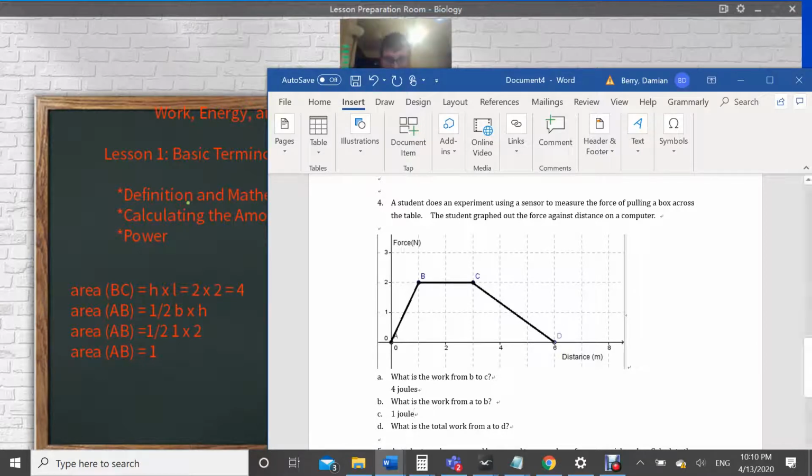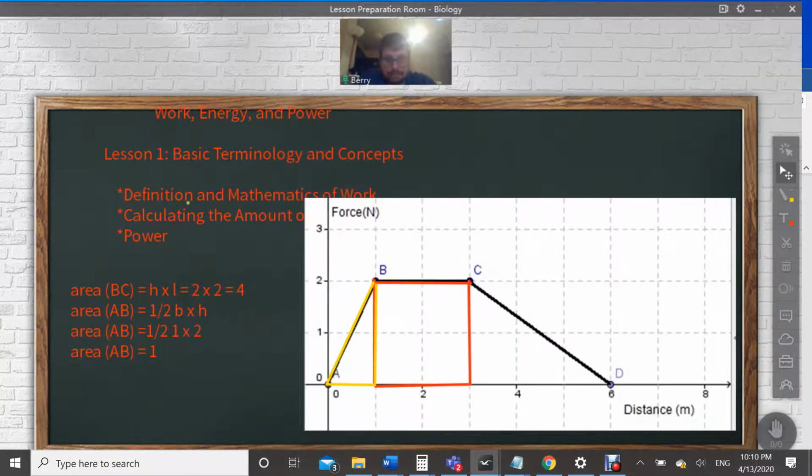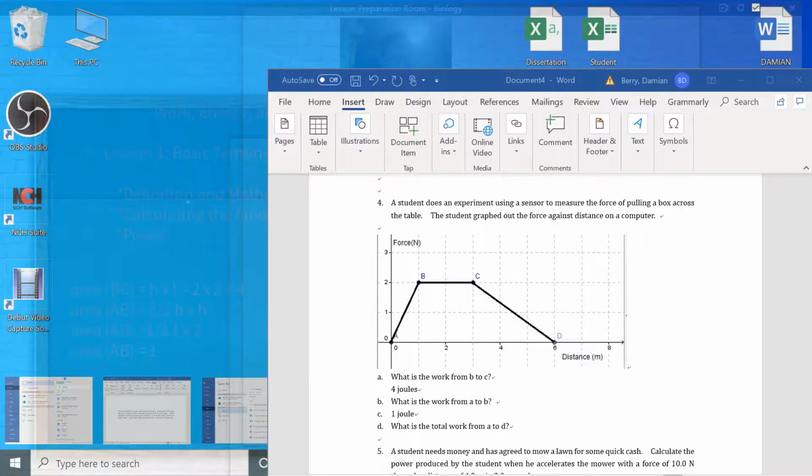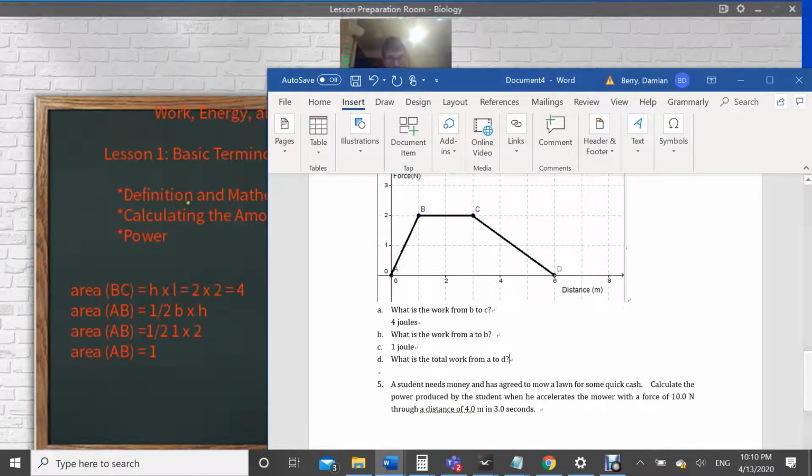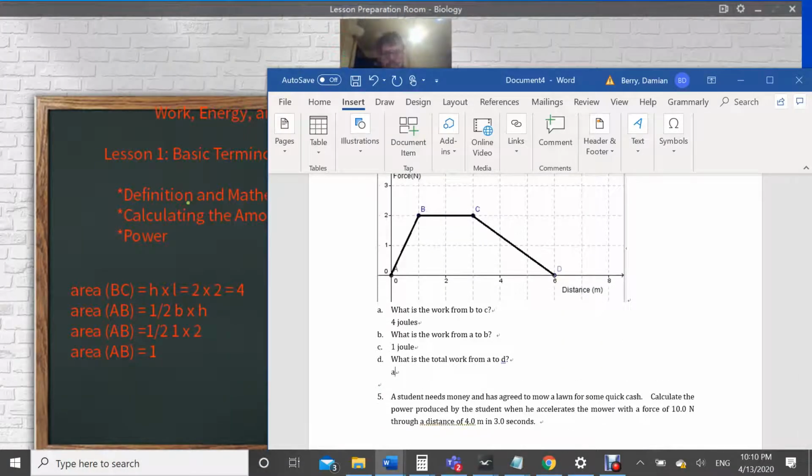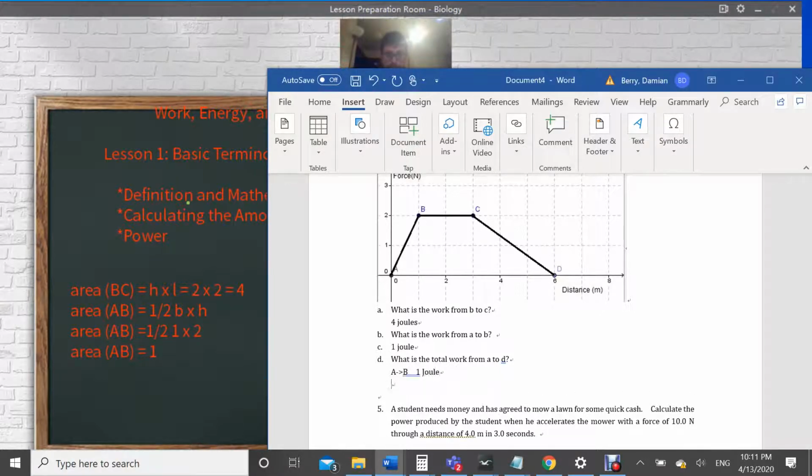And it's asking us from A to D. Now, to solve the problem for A to D, what you should recognize is that if we know A through B, which we do, because that's just 1 joule, and we know B to C, which is pretty easy because we've already got that, that's 4 joules.